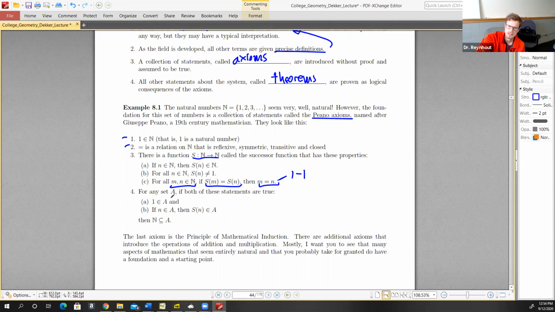Maybe pause for a moment and think about it. If n is in A, then Sn is in A. The natural numbers must be a subset of A. I suppose I'll have to continue to ponder this.